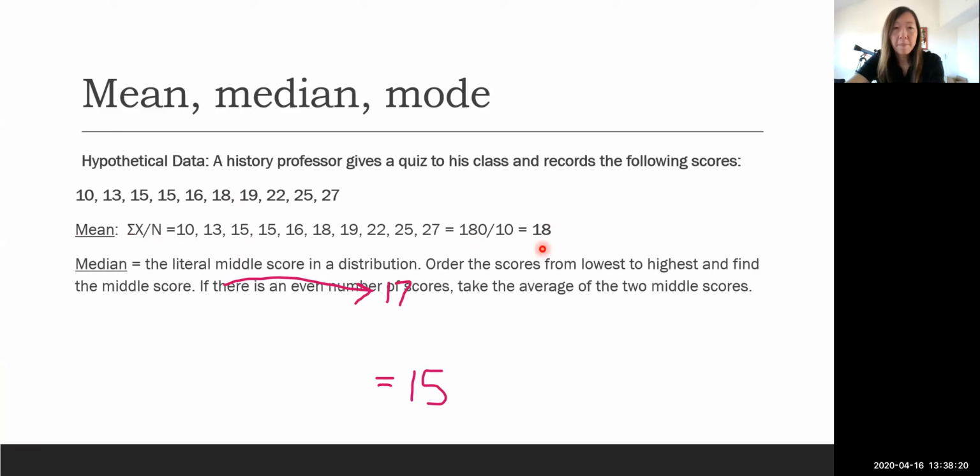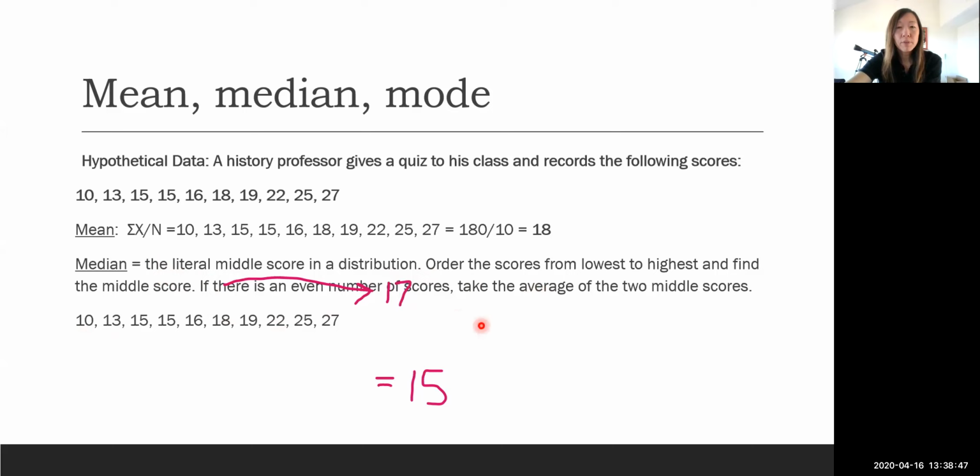For my median, it's the literal middle score in a distribution. So there's really no math to it. The way you find it is that you order the scores from lowest to highest, and then you find the middle score.